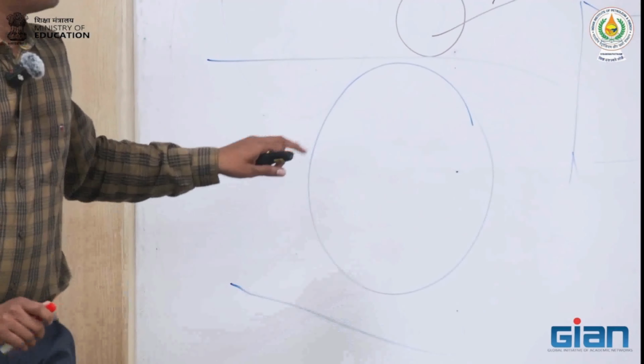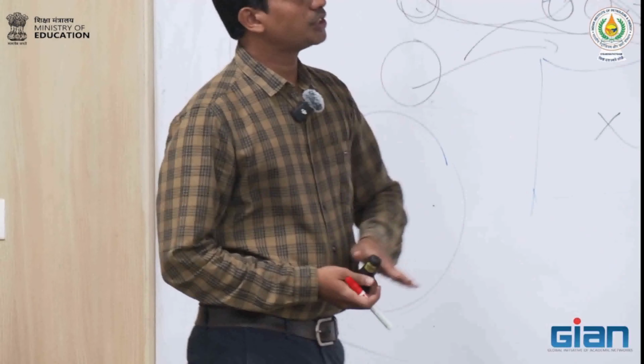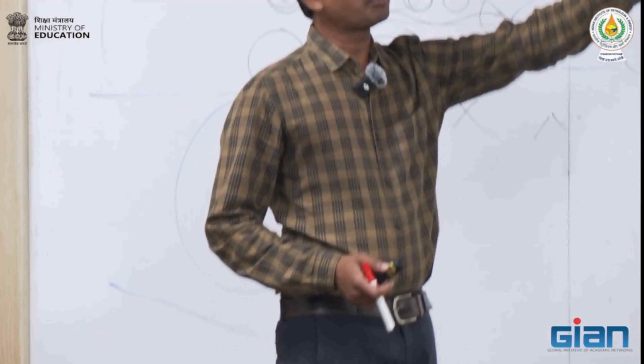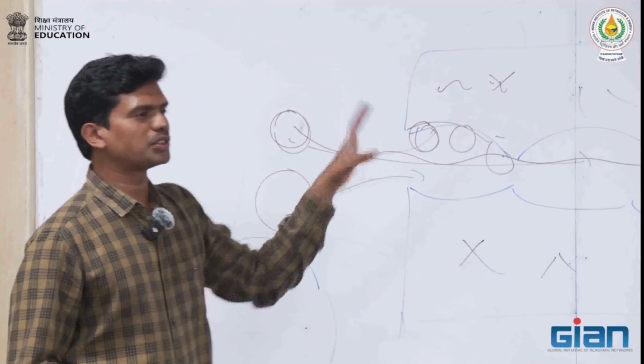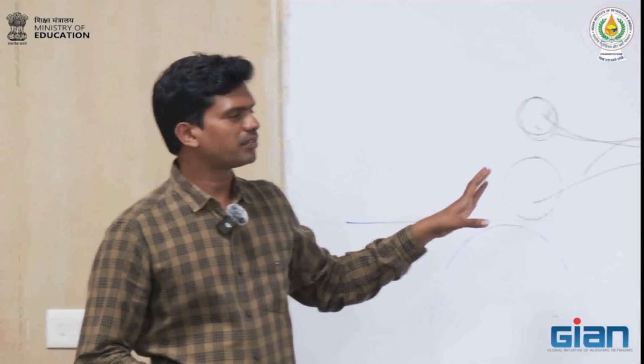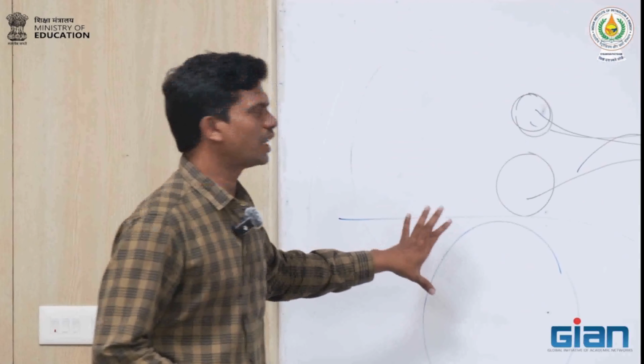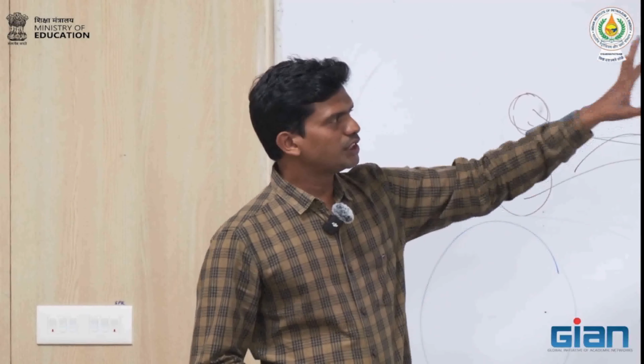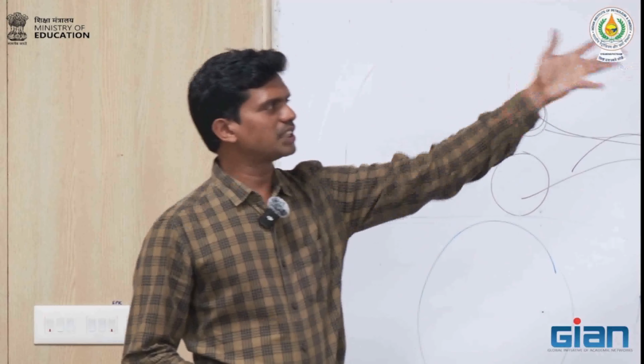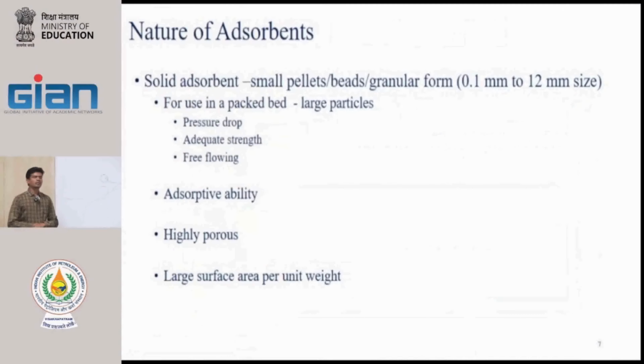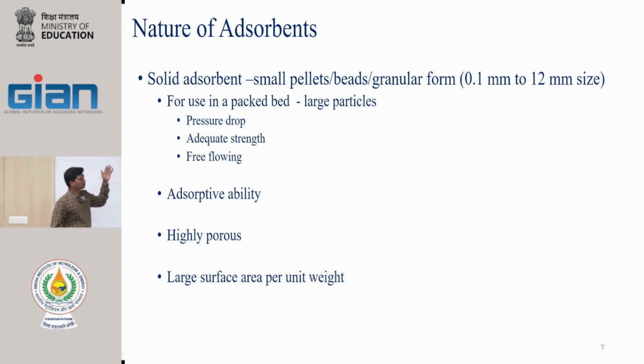But what size we should use, whether 0.1 mm or 12 mm, all depends on the system. That comes into thermodynamics, how we have to choose these things, right? We need to make sure these things have been taken care of. If the particle is so big, it will offer a lot of resistance, because the gas molecules have to flow through it.